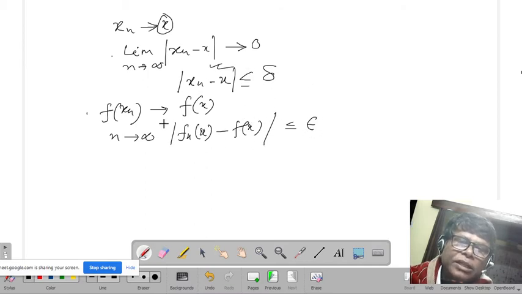But this expression is nothing but rho(x, y), where this is x and this is y. In the function space, this is a point and this is a point, so these are points representing rho(x, y). Here in the real number space, points xn and x give rho.